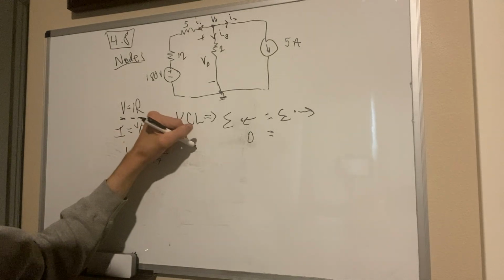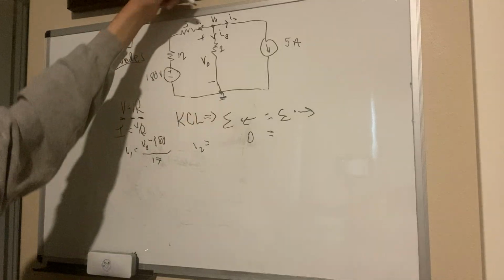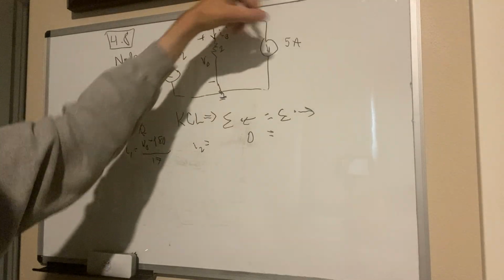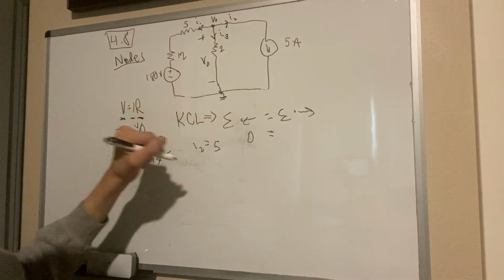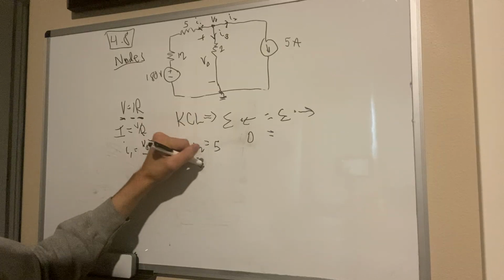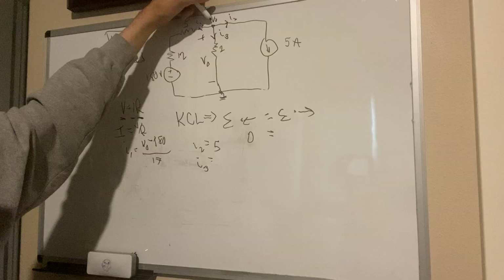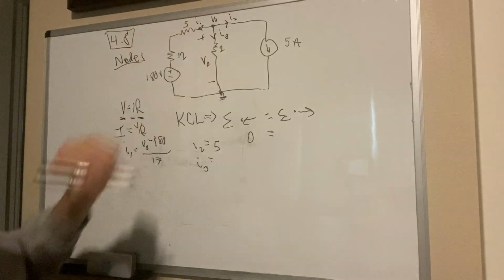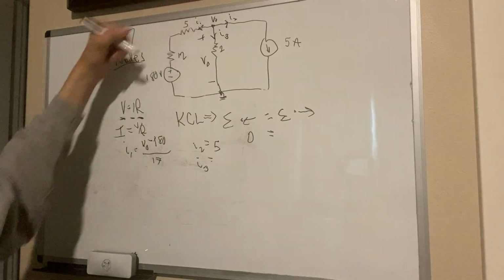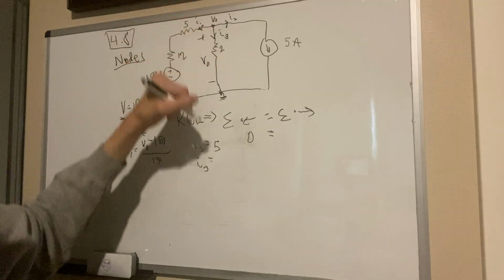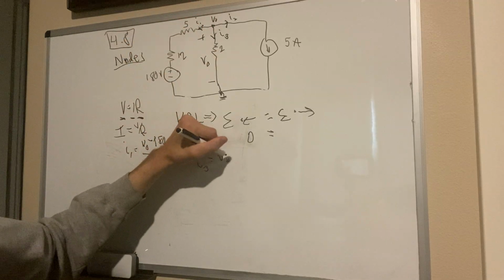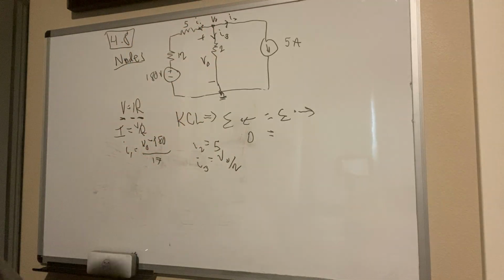I2 is going out, and it's just our current source, it's 5 amps. And I3, using I equals V over R, well, V is V0 minus 0, so it's just V0. And the resistance in this branch is 2 ohms, so we simply have V0 over 2 ohms.